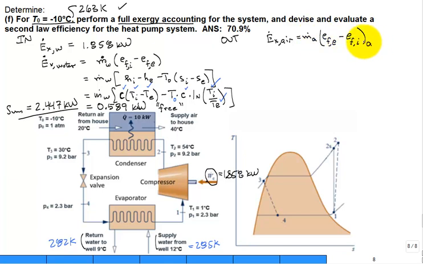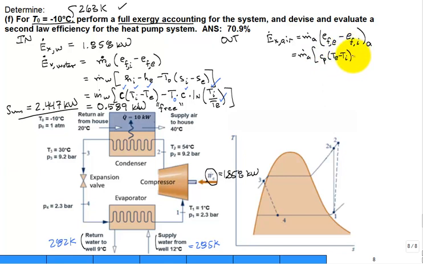This is the mass flow rate of the air times, just like for water, you don't have any pressure change, so you're just going to use the C sub P for the change in enthalpy, C sub P of the air, times the temperature exit minus temperature inlet.